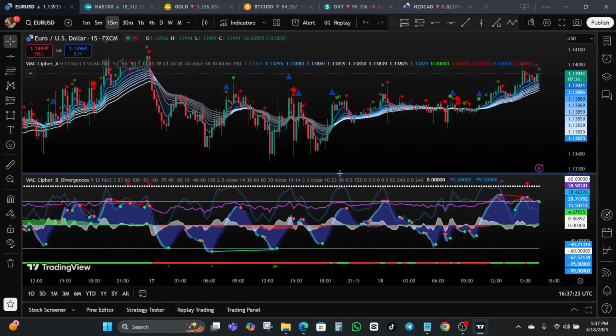Now, the Vumanchu scalping strategy is based on precision and speed. Unlike other strategies that require you to hold onto positions for hours, the Vumanchu approach is about making quick, high probability trades that are in and out of the market within minutes.